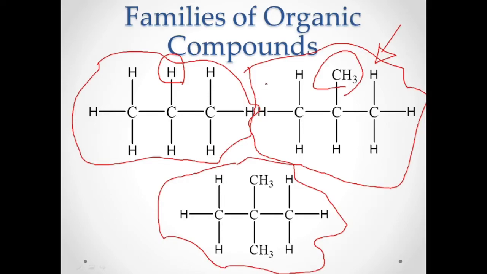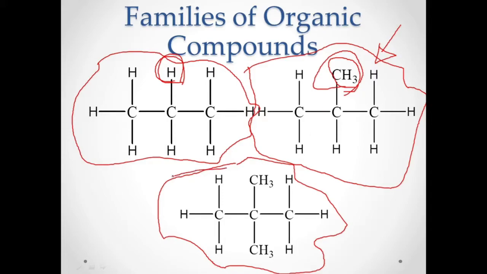If one or more hydrogens are replaced by another atom or group of atoms. In this case, it's a group of atoms, which is a CH3. So your hydrogen is replaced with your CH3.